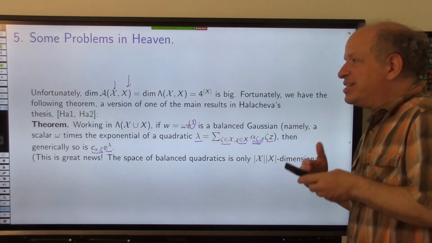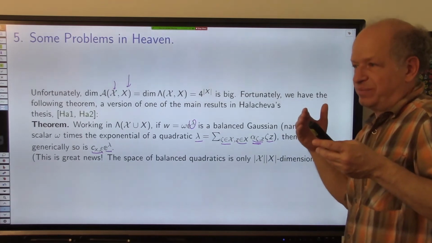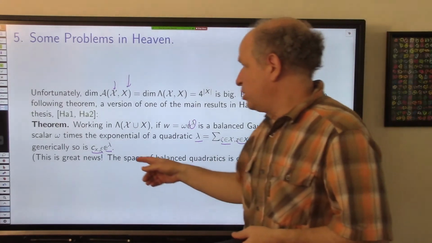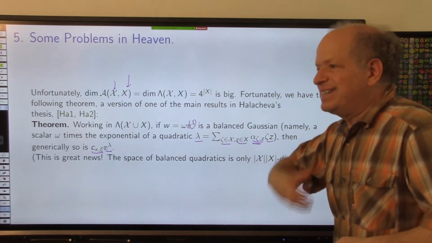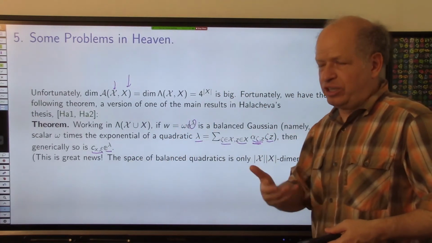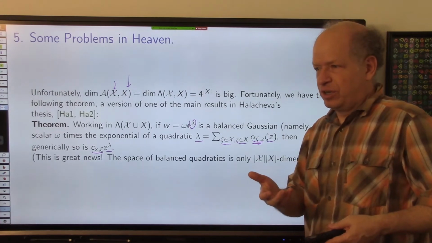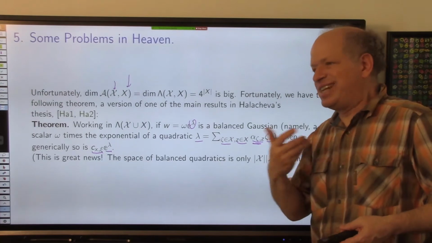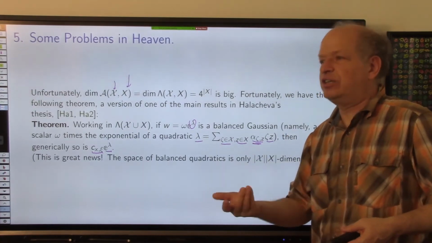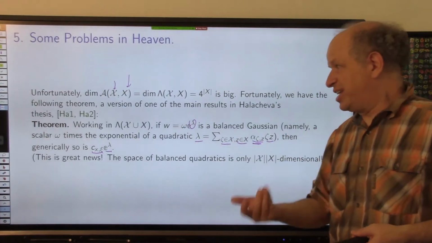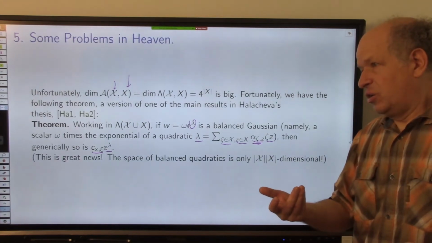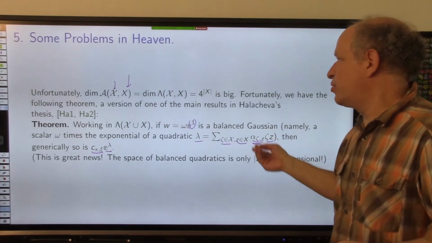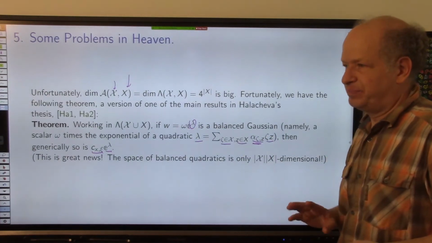Okay? This is incredibly good news. Why is it incredibly good news? Because it means that all the work we did in exterior algebras, we could reduce it to the subset, we could restrict our attention to the subset of exponentials of balanced quadratics multiplied by a scalar.